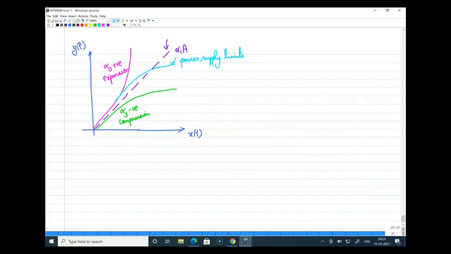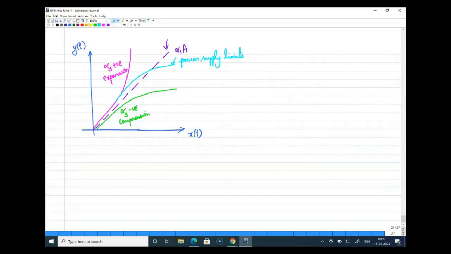I'm making a statement that any RF circuit will ultimately show a compressive nature. Initially we were assuming that the system is linear, and now that we are discussing non-linearity, compression is definitely a sign of non-linearity.